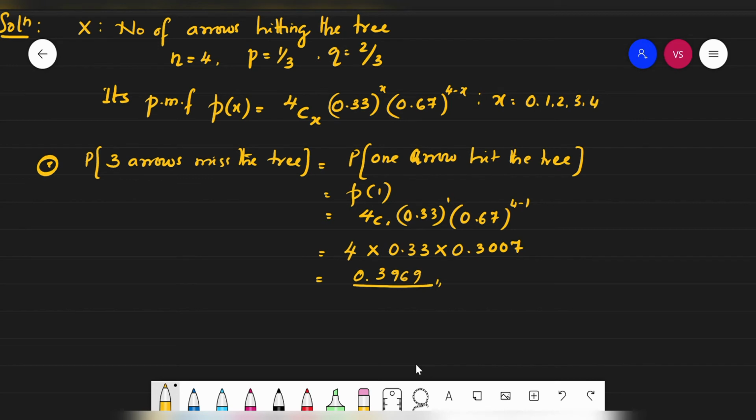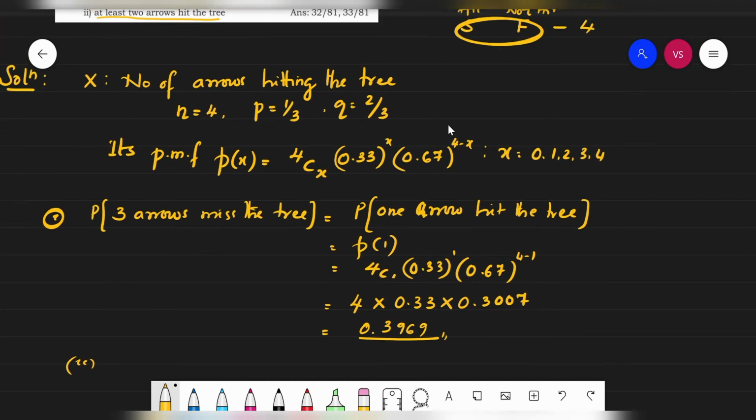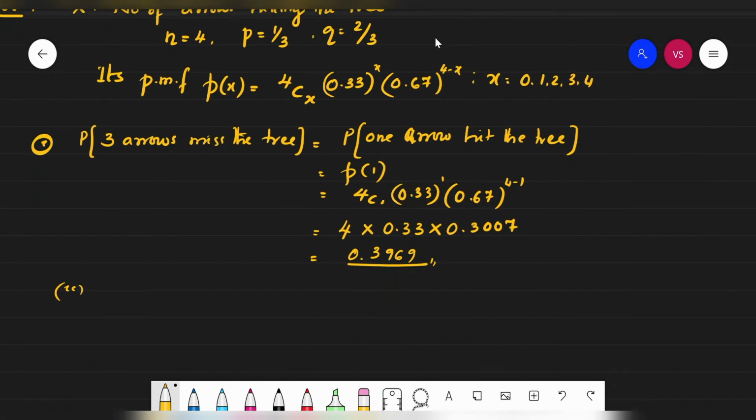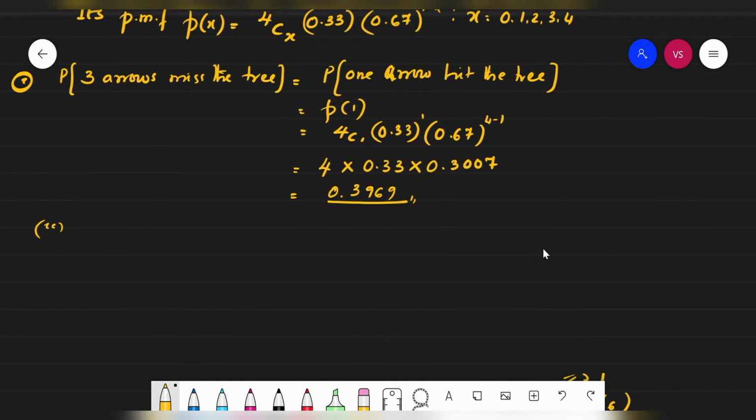The second one, students, what is the second one? They said at least 2 arrows hit the tree. Since the word at least comes, I can say it as 2 or more.